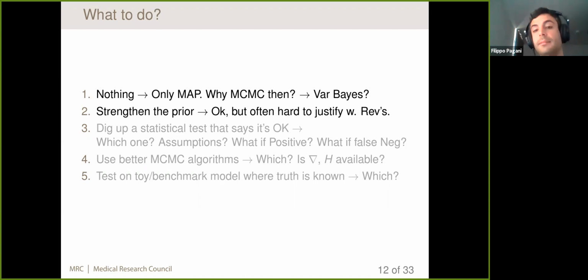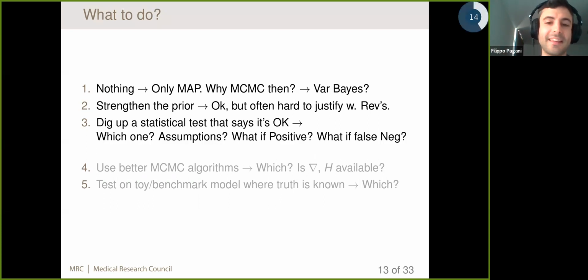So that could partly or completely solve your problem, but you've got to be careful, because if you strengthen the prior too much, then no amount of data will ever be enough to change your opinion. And also, it's going to be hard to justify with the reviewers if you do something like that. So maybe be careful. Do a little bit of that, but not too much.